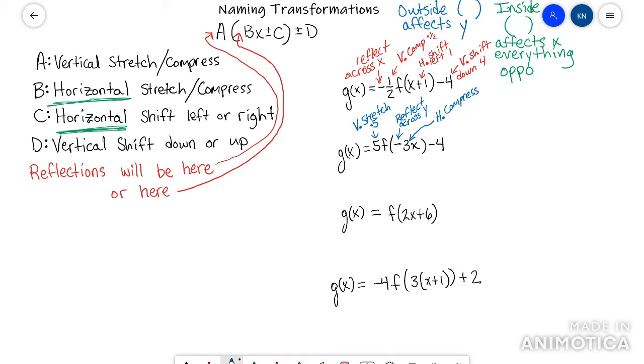And you could even put divide by 3 or times by a third, same thing. Because remember, it's opposite. And then this last thing, this -4, it is outside, so it's vertical. It's in the D slot, so it's a shift. Then I just have to figure out if it's up or down. -4 is down 4.